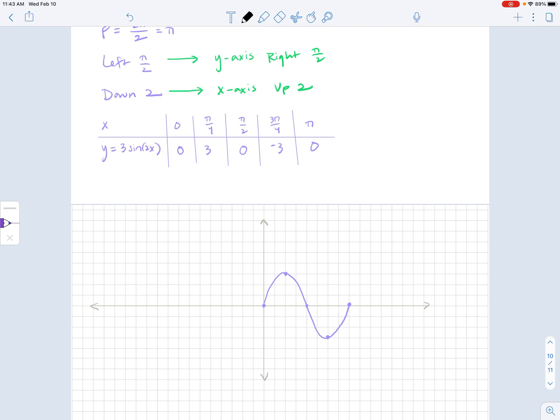So I'm going to move the y-axis to the right, pi over 2 units. That didn't go straight. And the x-axis is going up 2 units.